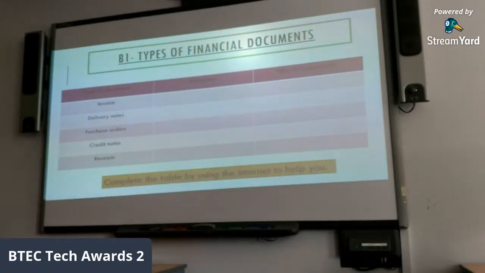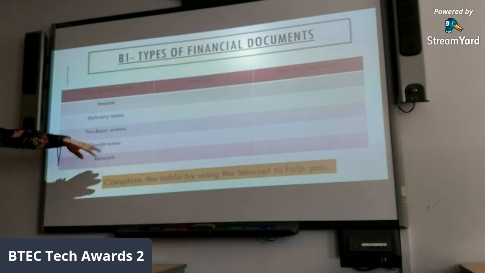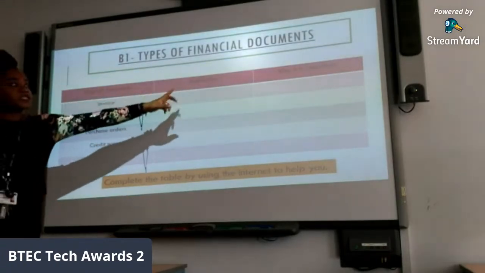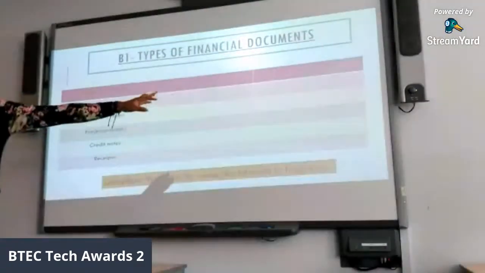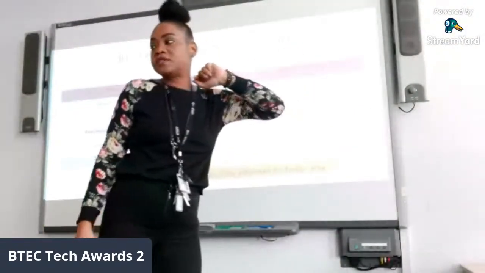Can you see that bit in the dark area? Because I can't see it. So the first column is type of documents, the second column is definition, the third column is why it is important.